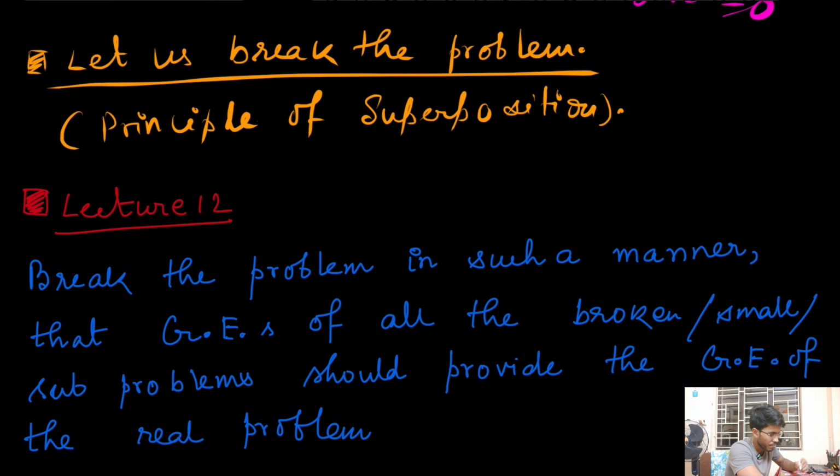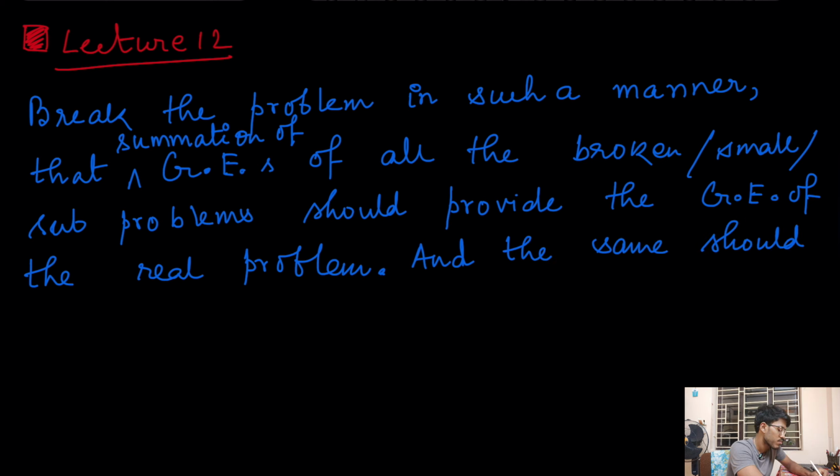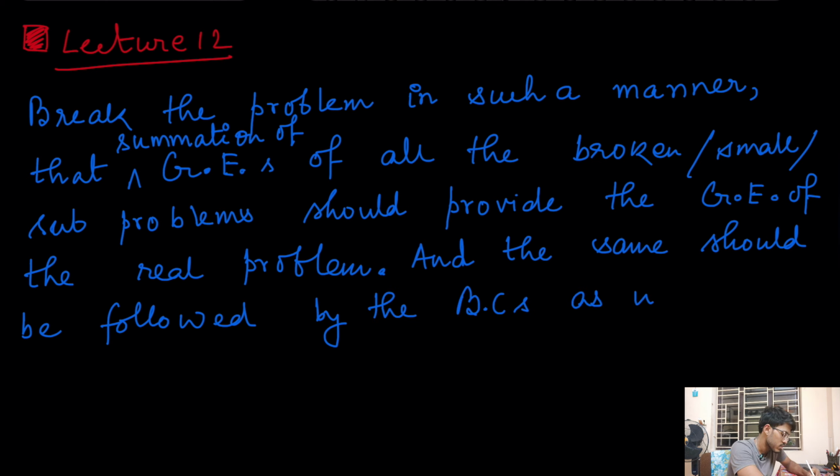Or I should pose the statement like this: the summation of governing equations of all the broken or small problems should provide the governing equation of the real problem, and the same should be followed by the boundary conditions as well as initial conditions.